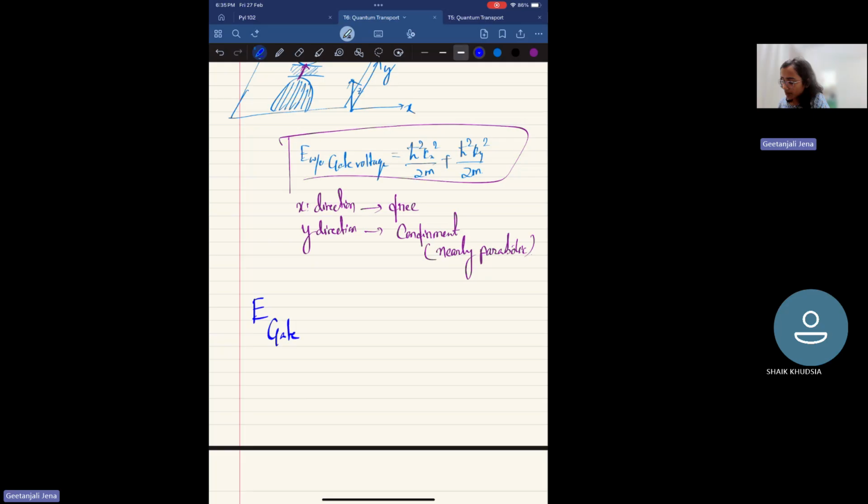So now when we apply a gate voltage, what will happen? In the y direction, because there is a confinement effect, we will now see quantized energy levels, but the x direction remains unchanged.